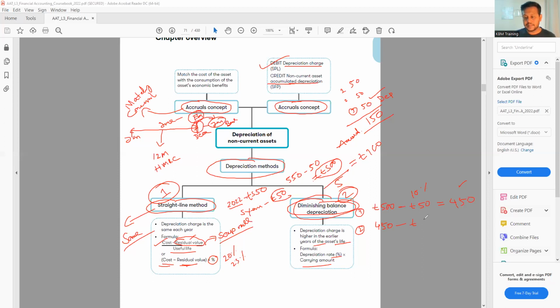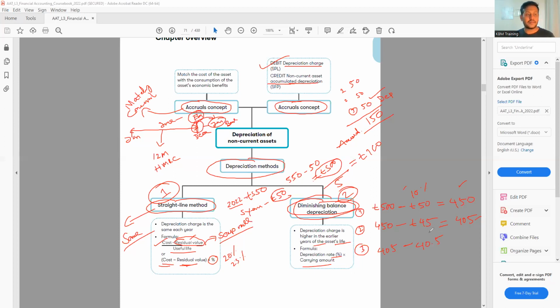So next year my depreciation will be 45. I do 450 minus 45, which gives me 405. And year number 3, we start with 405. 405 times 10% gives me 40.5.